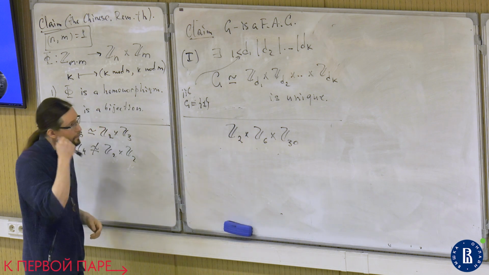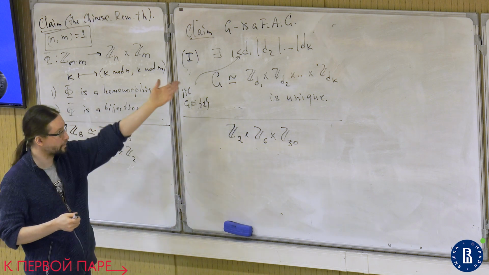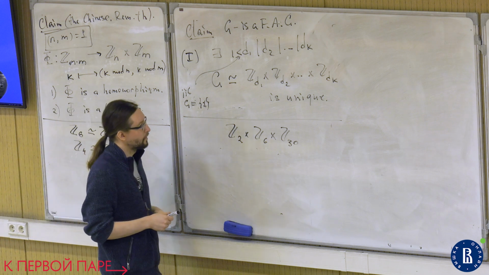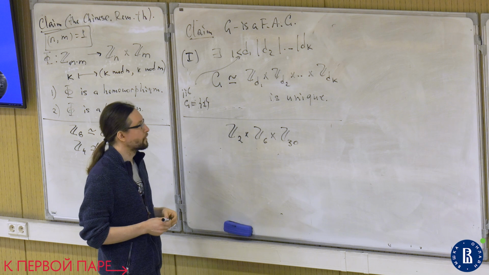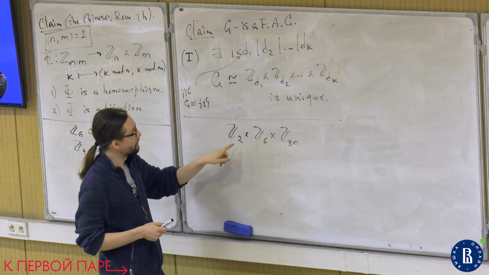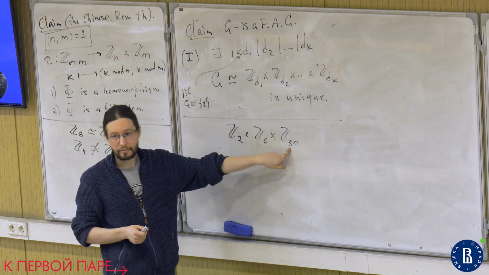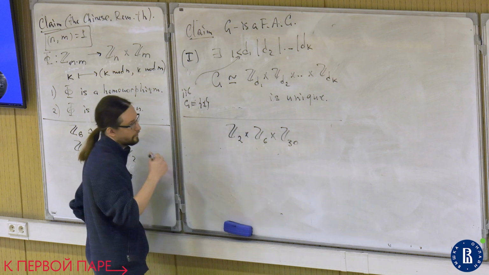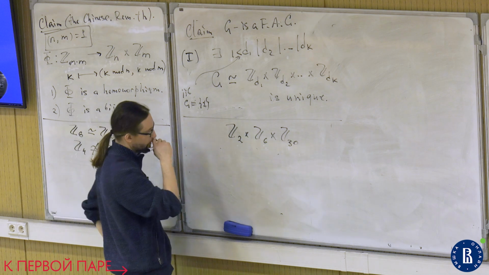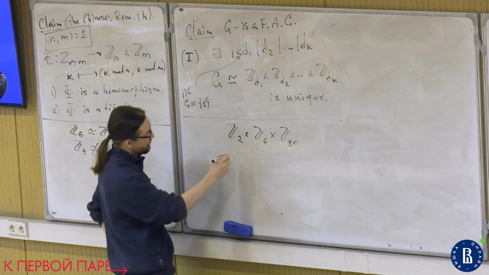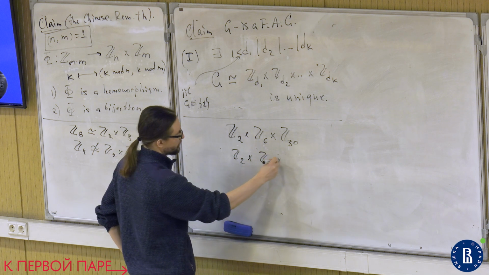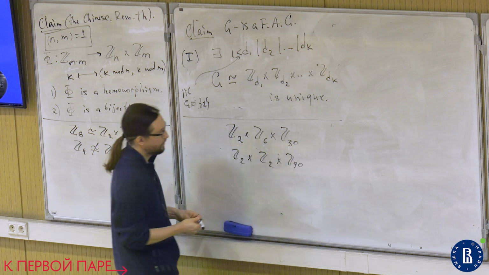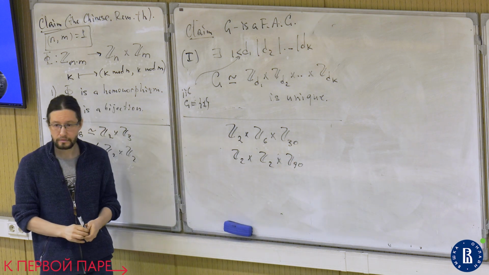So if you are given two groups in this kind of representation, then they're isomorphic if and only if this sequence of numbers is the same. So if I give you something like, let's say, Z2 times Z2 times Z90, it has the same amount of elements.